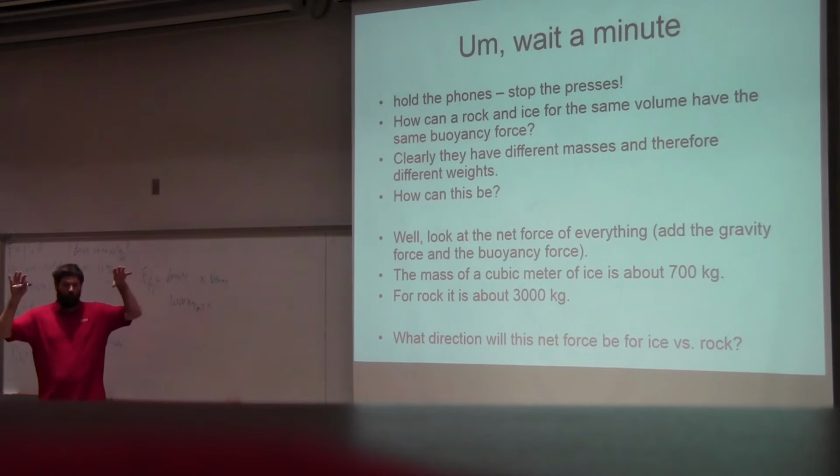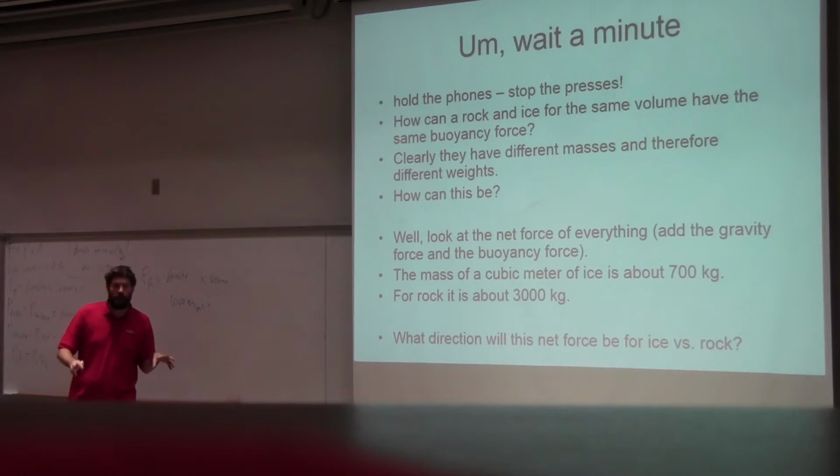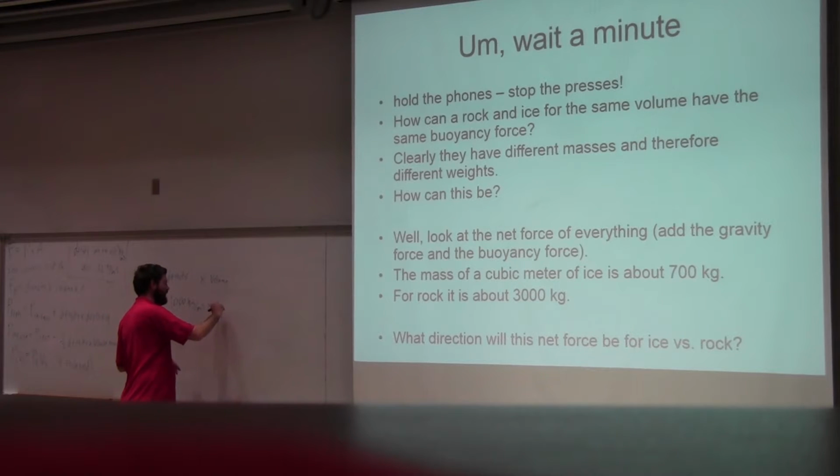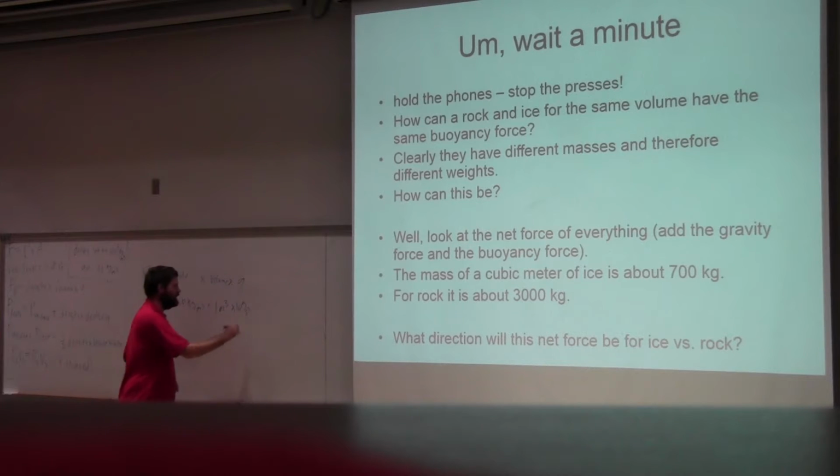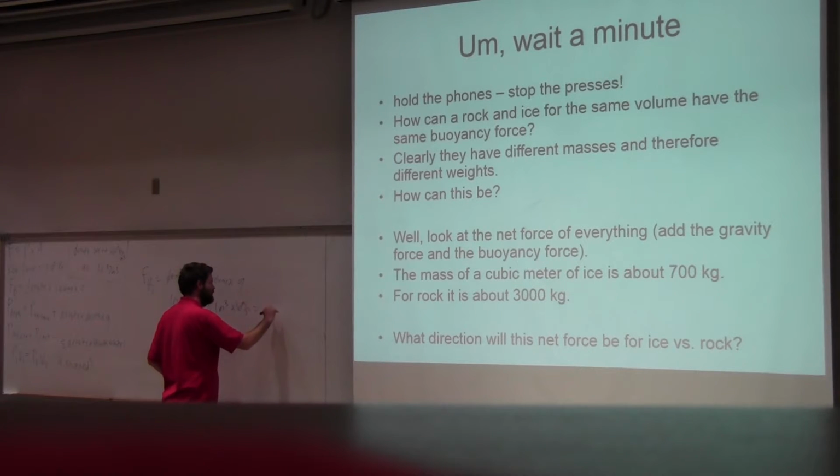And since I specified both are completely submerged, both have a volume of 1 cubic meter, times g. And so both of them have the same equation for the buoyancy force, which means that their buoyancy force is 10 to the 4th, or 10,000 newtons upwards.